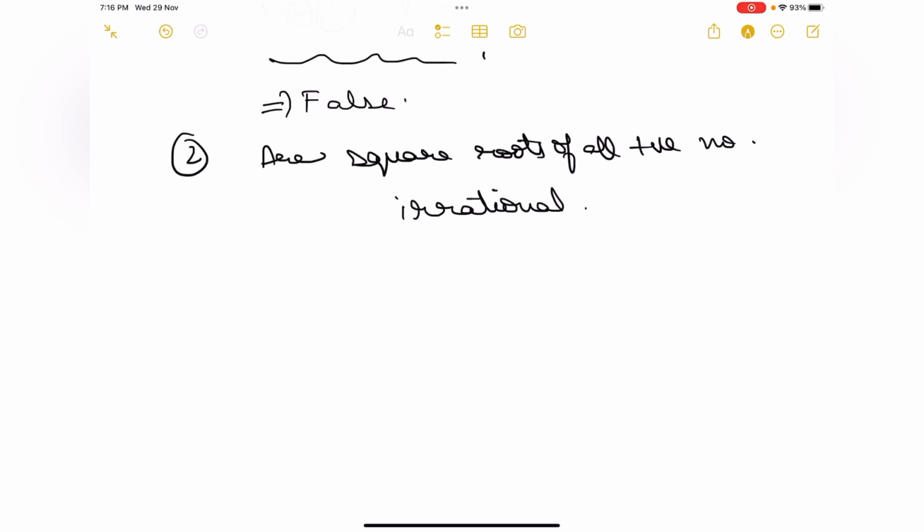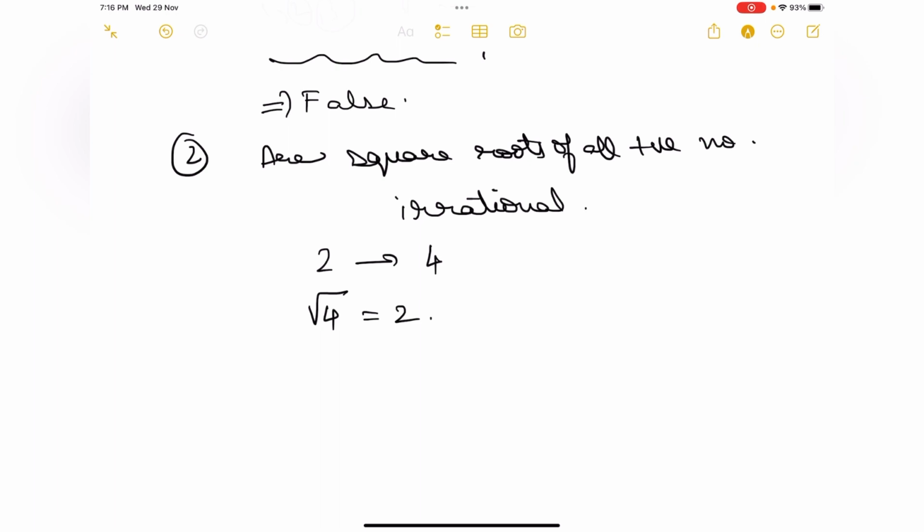This is a pretty simple question because you have so many examples, right? Any number, any square you can take. For example, you have 2, you can take 4. So the square root of 4 is what?